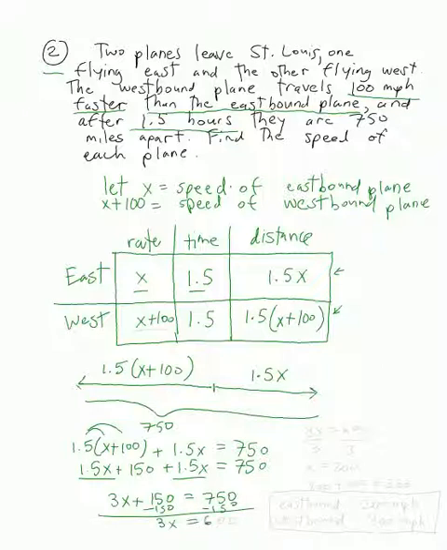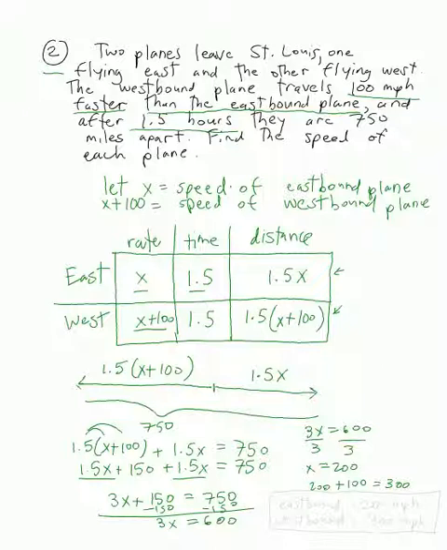We end up with 3x equals 600. Let me continue over here. Divide by 3, we get x equals 200. So that tells us the slower plane, right? The slower plane is 200, but it says the faster one is plus 100, so I'm going to do 200 plus 100 is 300.